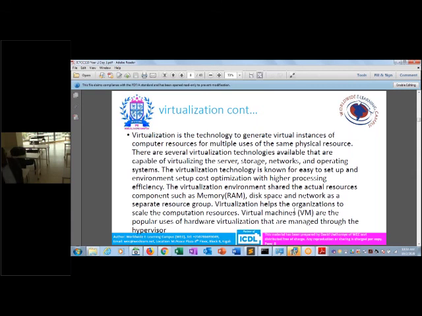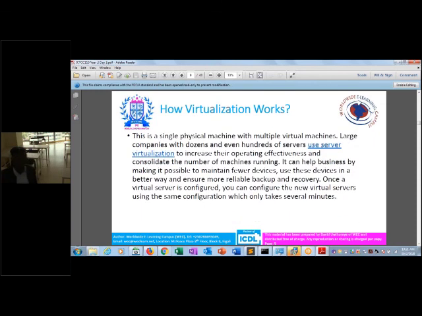How virtualization works. This is a single physical machine with multiple virtual machines.